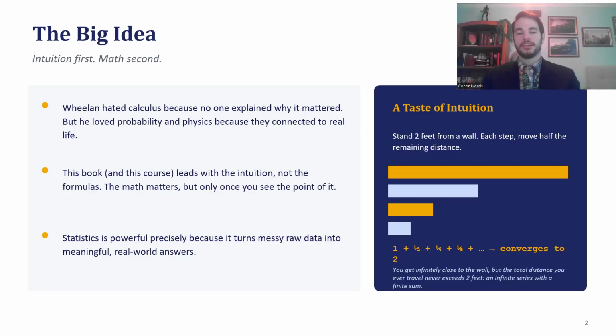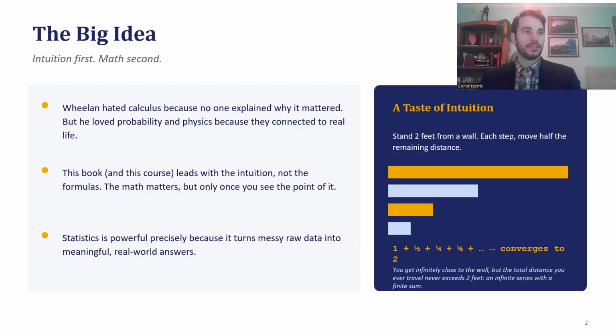One of the examples he gives in the opening series of vignettes is the distance to the wall example, something he came up with in class to describe what was going on. You have the factorial here where one is converging to two, and they were trying to think about how to handle that. So he said, imagine each step you're moving half of the distance to the wall.